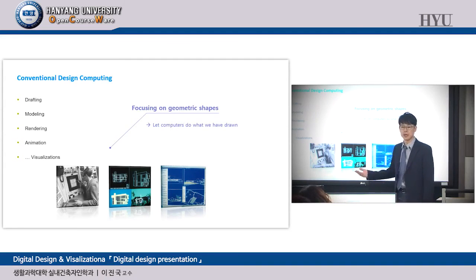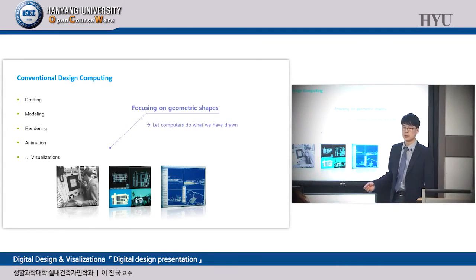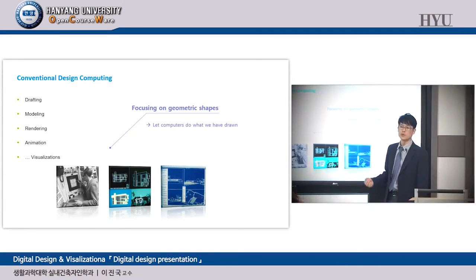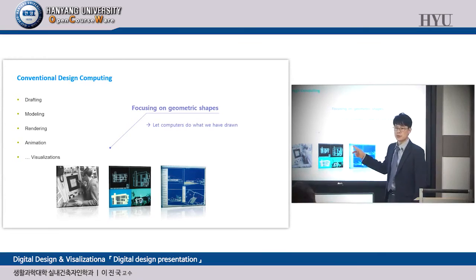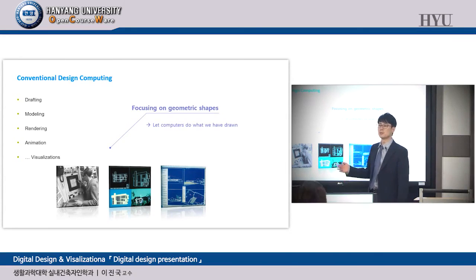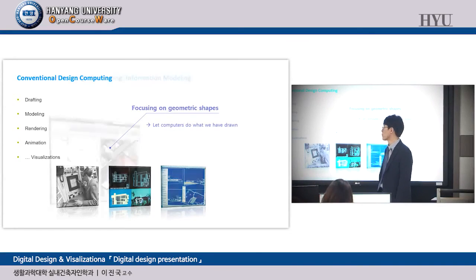At the beginning of CAD, without computers, what were designers doing? Drawing, okay? Because we believed drawing is design. So we just used computers for drawing. That's the earlier version of the computer-aided design system.